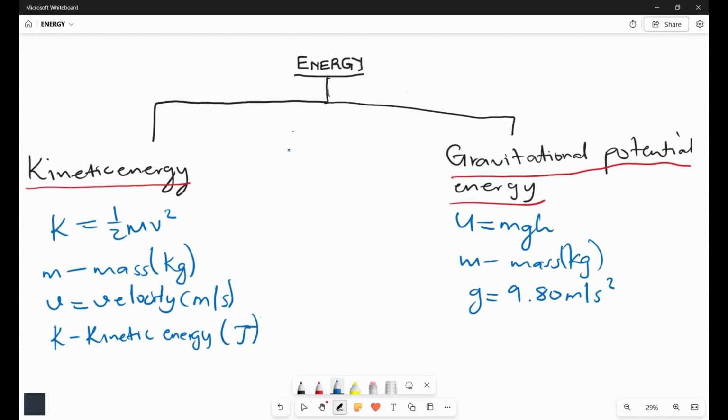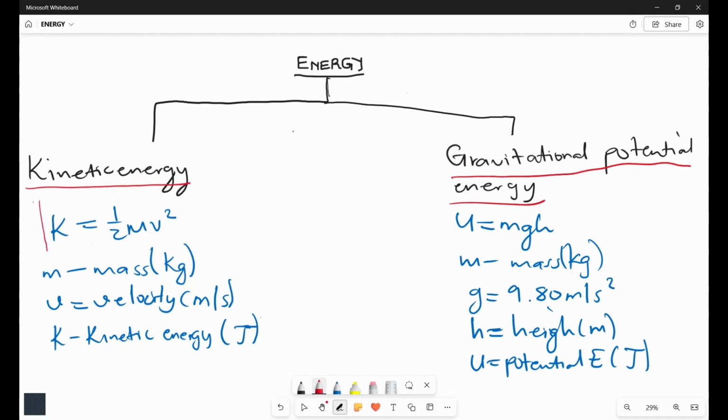Then we have h. h is our height. This is very important to take note of. This height is a vertical height. It is measured in meters. Then U is our potential energy, measured in joules. Those are the basic equations that you'll have to know.